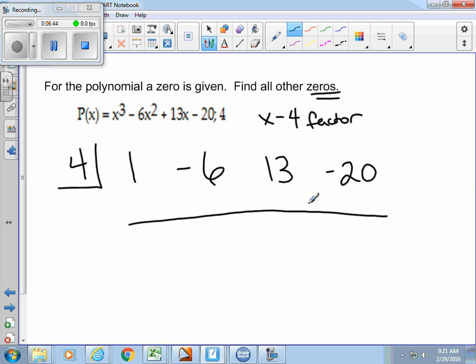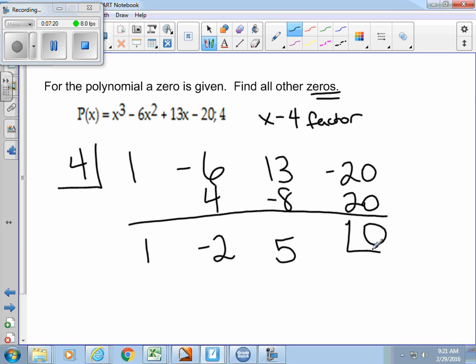No. Okay, we ready to do the synthetic division? Okay, add down, multiply, add down, multiply, add down, multiply, and add down.